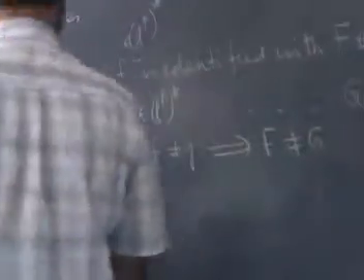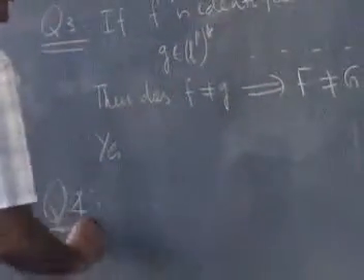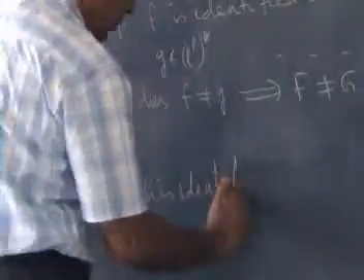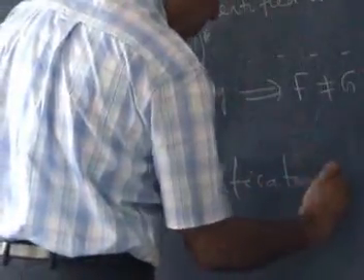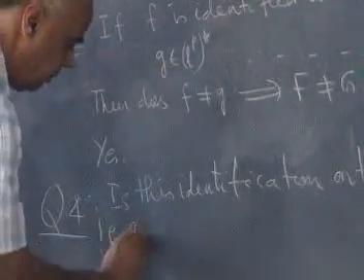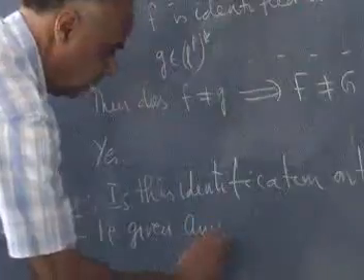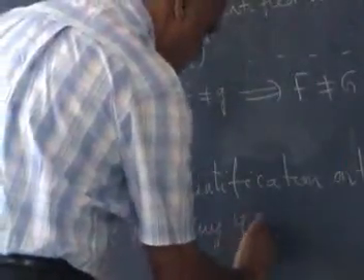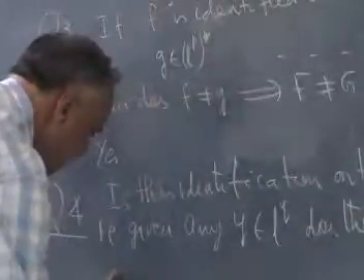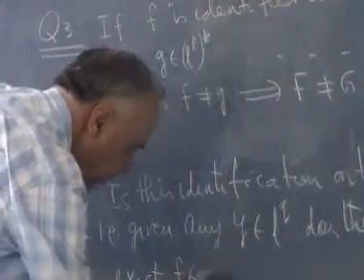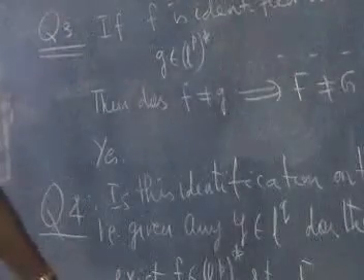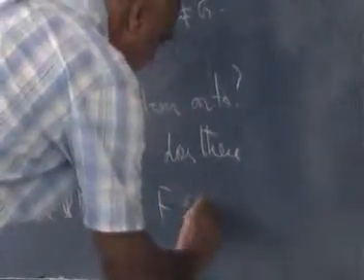And the last question we asked was, is this identification onto? What does that mean? Given any y in l^q, does there exist f in l^p star such that the capital F corresponding to little f is this y?